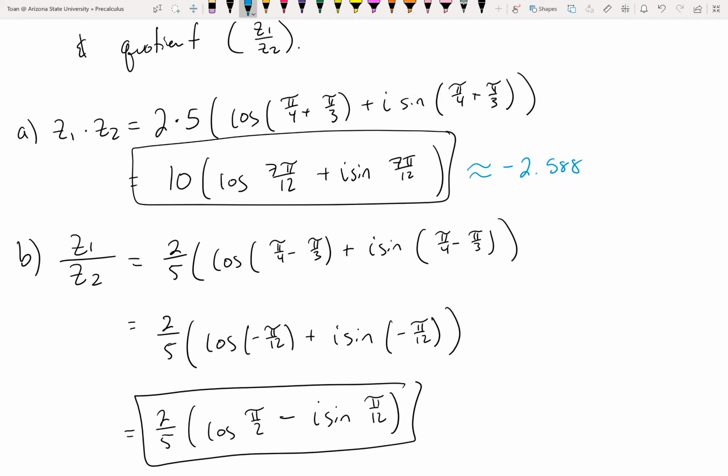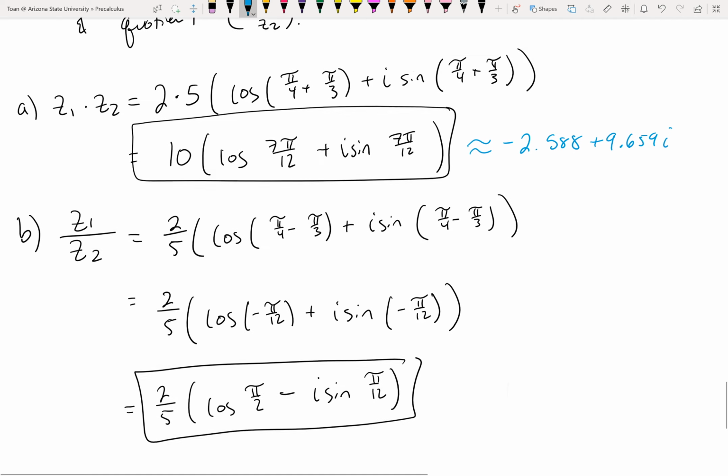If I do the same thing with the sine, and then I distribute the 10, I get approximately positive 9.659, and of course has an i in it.